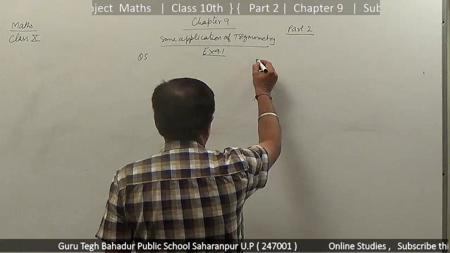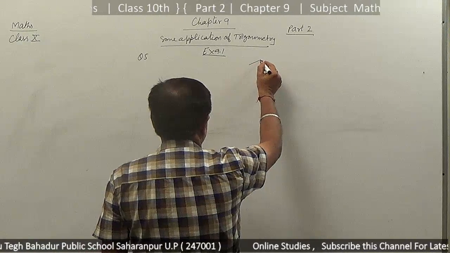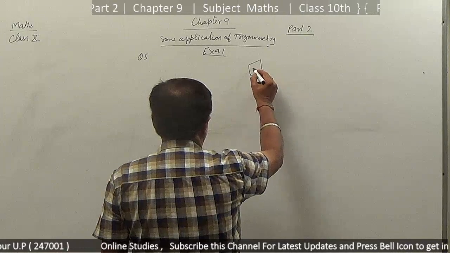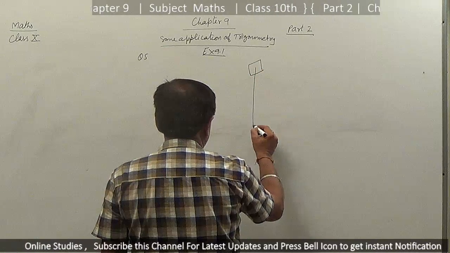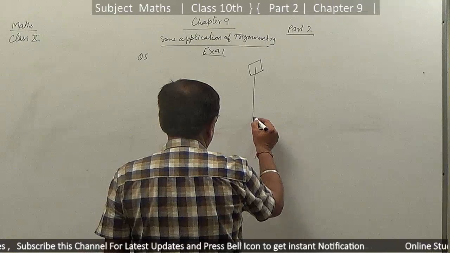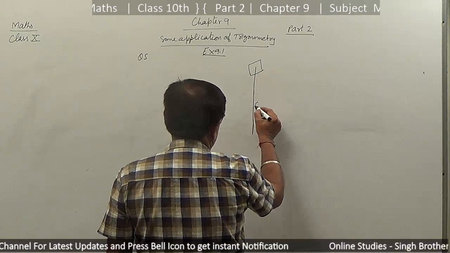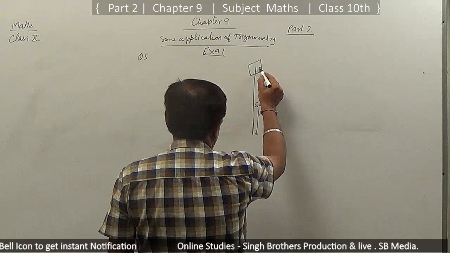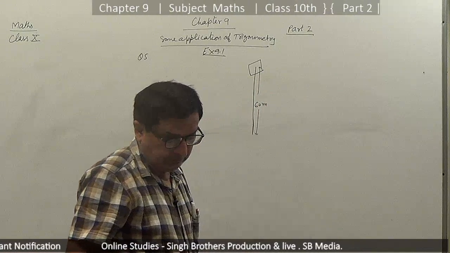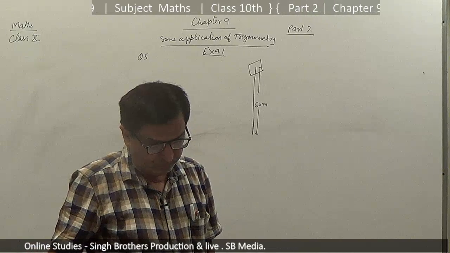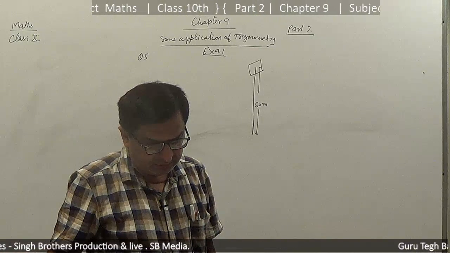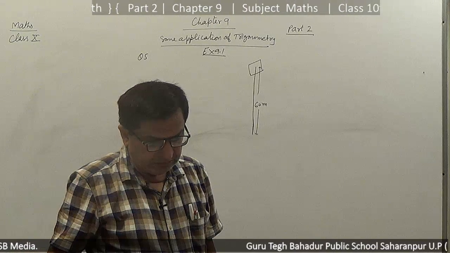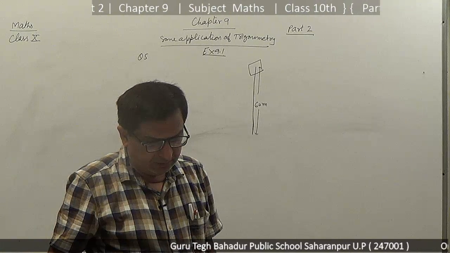This is your kite, which is 60 meter above the ground. The string is attached to the kite, temporarily tied to a point on the ground.